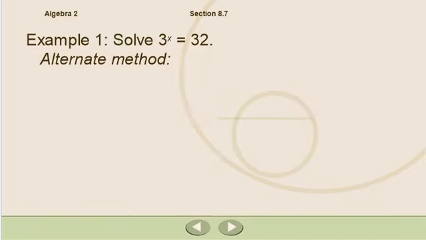Continuing on, here's another way we could do this, and we're going to introduce an idea to you. We still have 3 to the x equals 32. We'll use this method later on, but what we can actually do is take the log of both sides, just like we can divide both sides by the same number or multiply both sides by the same number.